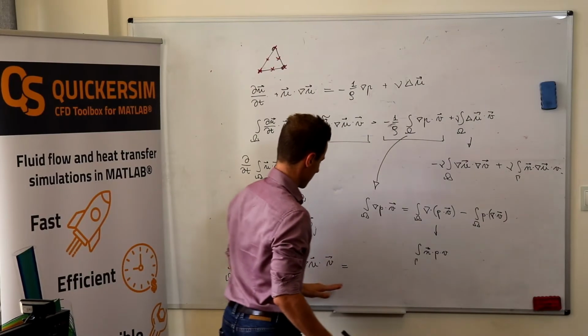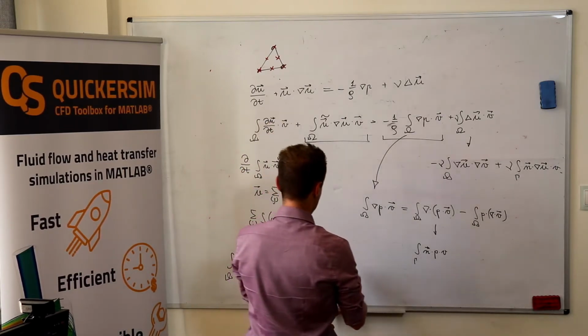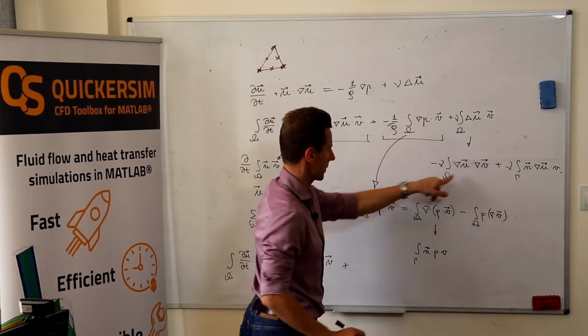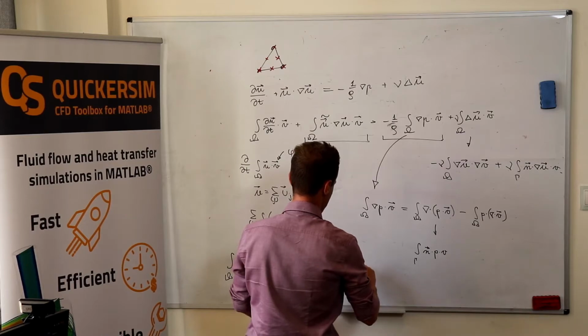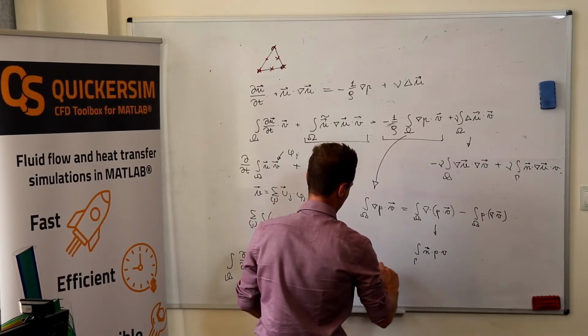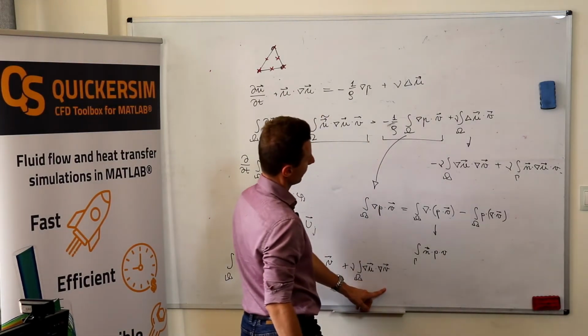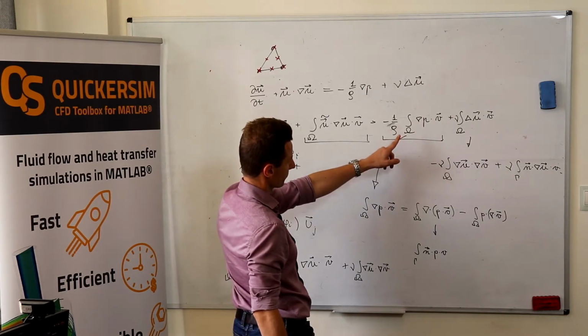Well, sorry, one more thing. The diffusion matrix certainly goes on the left-hand side, which means that we need to take this plus ni. What's left?